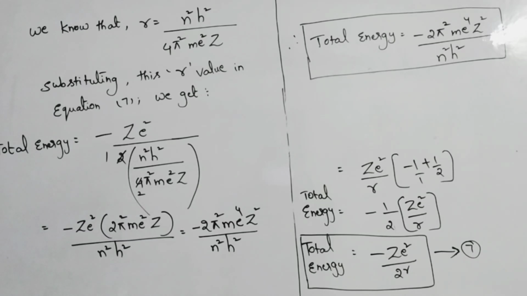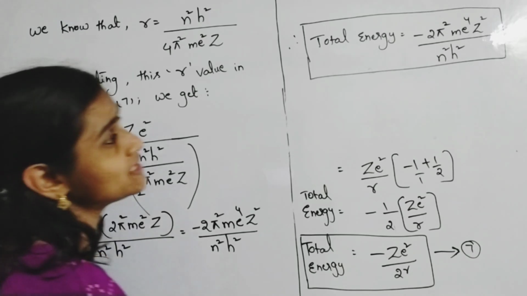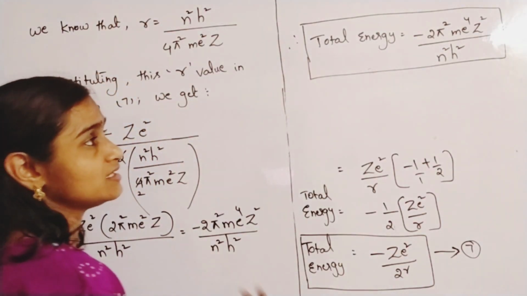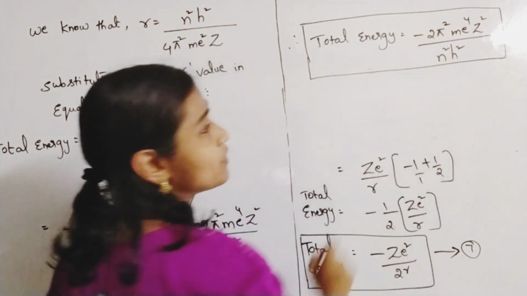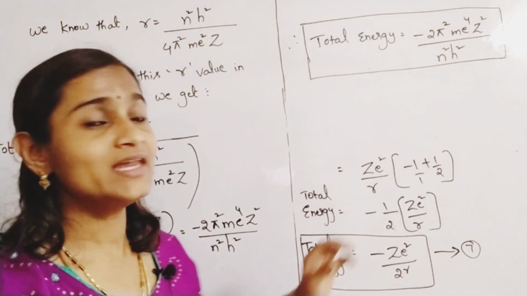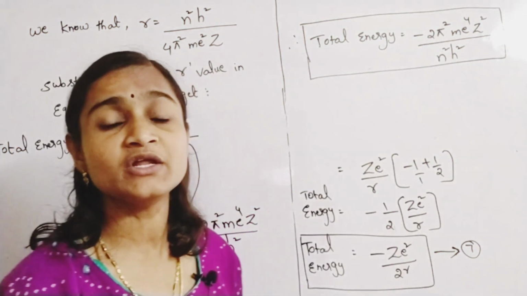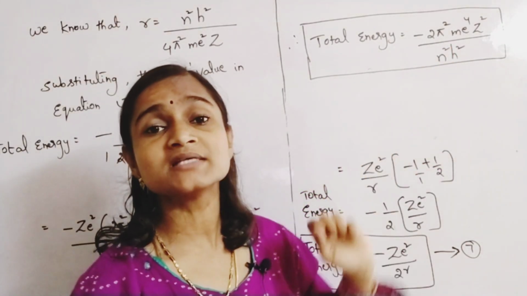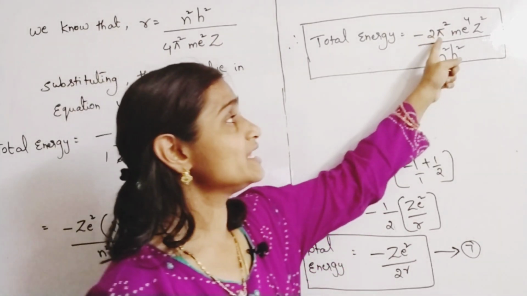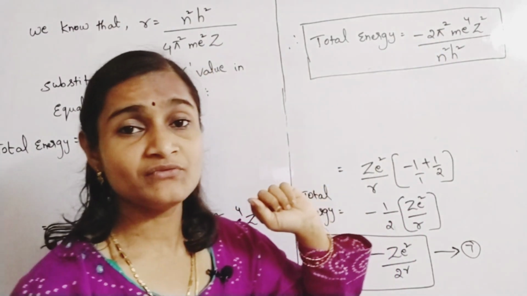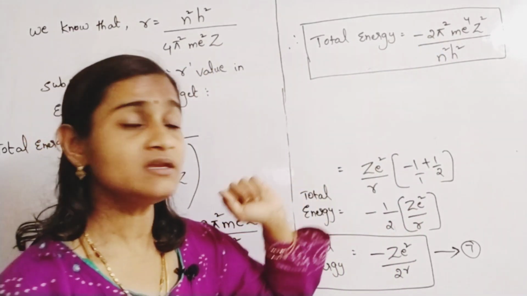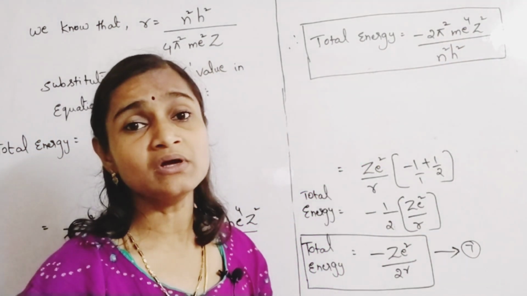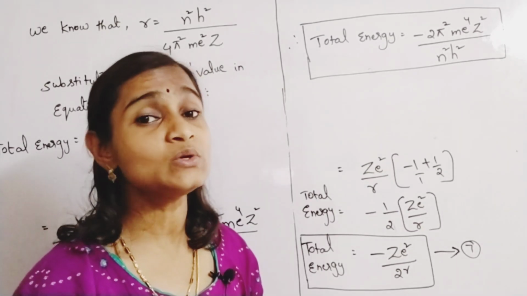Here, what variables and what constant values are there, that we know. The pi value is 3.14 and the m value is 9.11 into 10 to the power of minus 31 kg. The m value means the mass of the electron. The e value is 1.602 into 10 to the power of minus 19 coulombs.